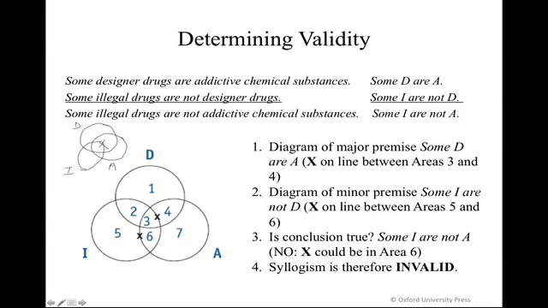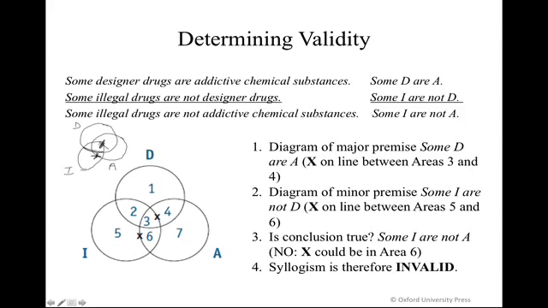Some illegal drugs are not designer drugs, so we need an X in the area of I that is outside of D. And that means we put the X here on the line between I and A.